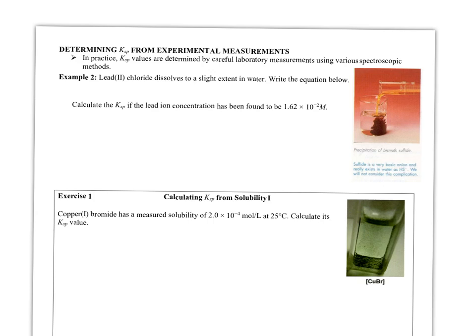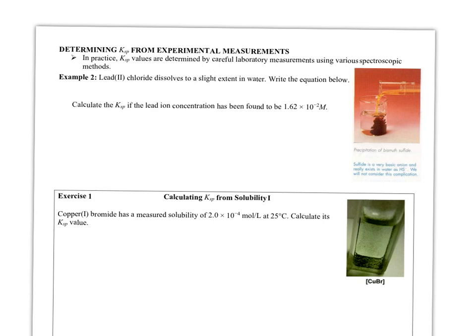So we can use a Ksp that's been provided to us with relative certainty that it's going to be pretty accurate. Now, you may look from online resource to resource, and you may find them to be slightly different, but they're not going to be that far off.